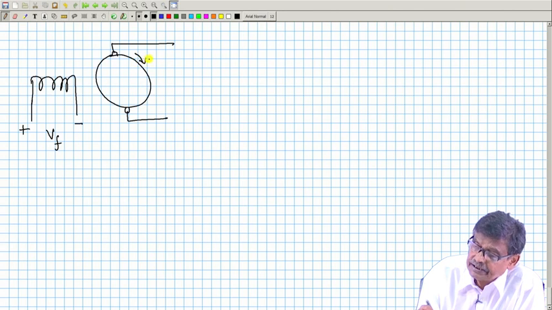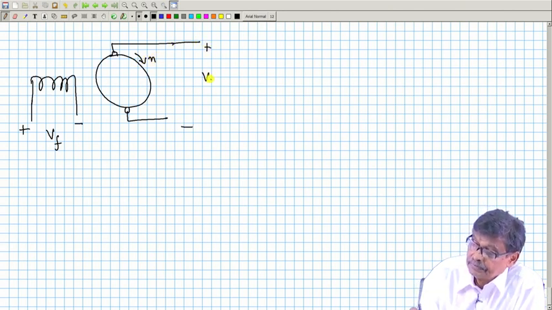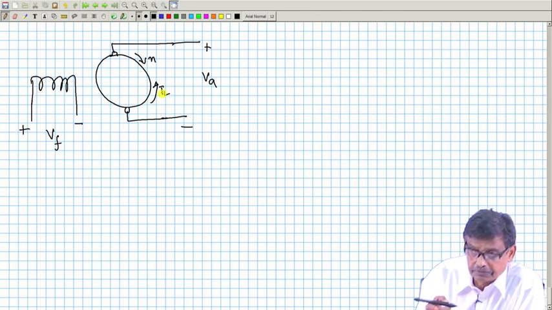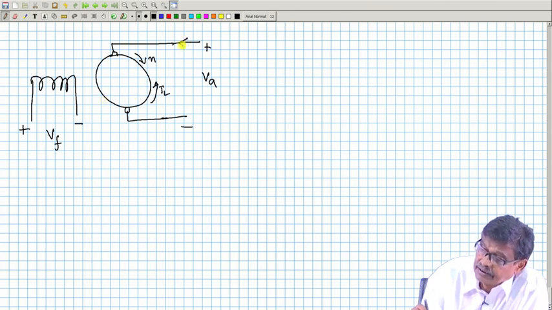Suppose the machine is running steadily with this armature speed, there is a load torque acting in the opposite direction, and the conductors are carrying current, which you always show this way in the armature circuit.